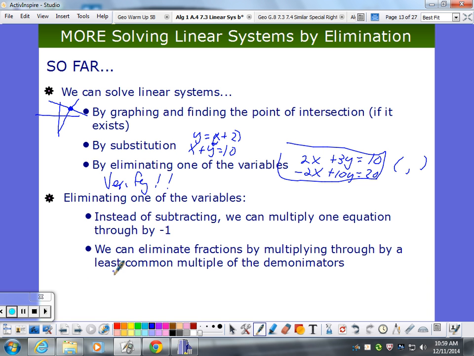So we would multiply one of the equations through by -1, and it would give us opposites. We also did multiplication to get rid of fractions, which are hard to work with sometimes, if not all the time. You can multiply through equations with a number and still get equivalent equations, and we're going to take advantage of that.